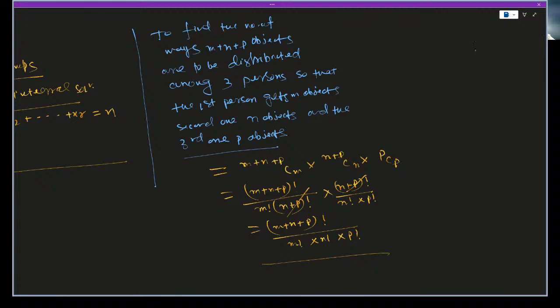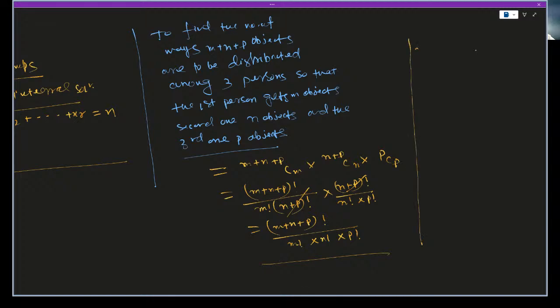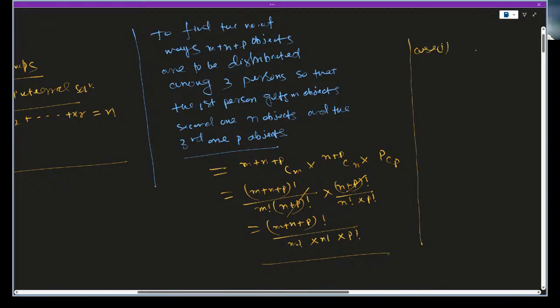Now, suppose you take m equal to n equal to p, I mean they get an equal number of objects.